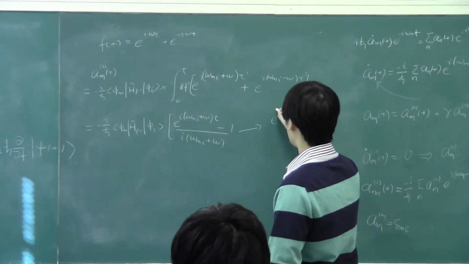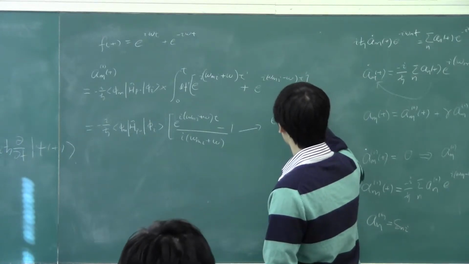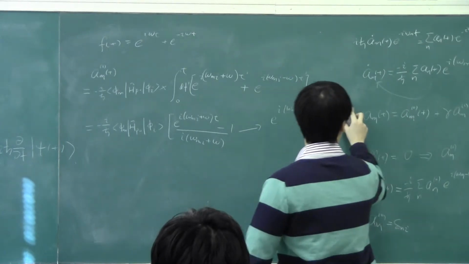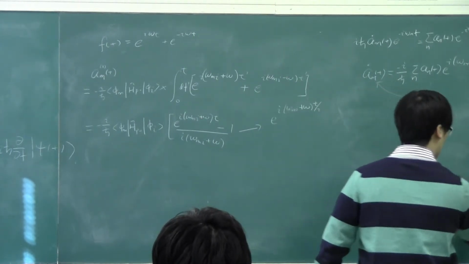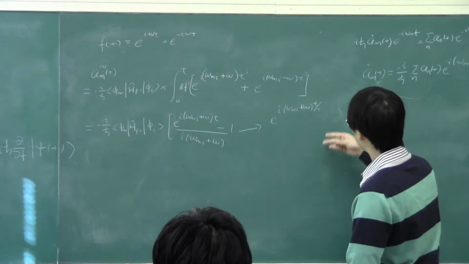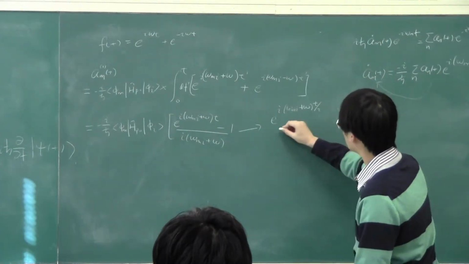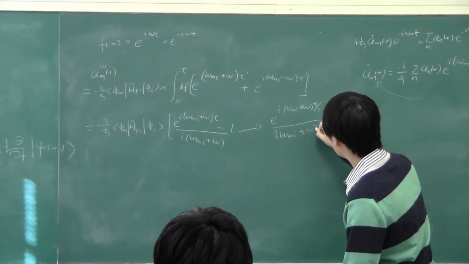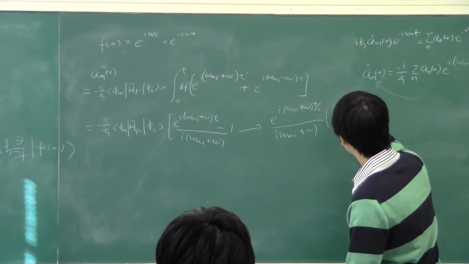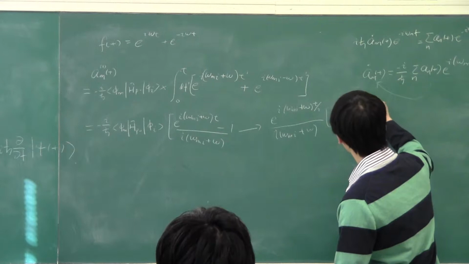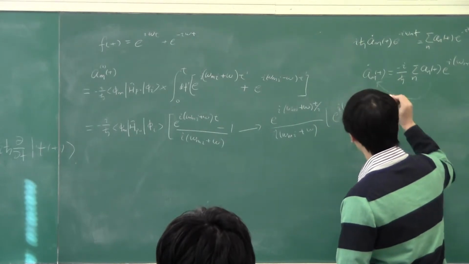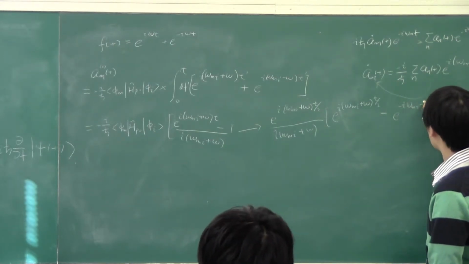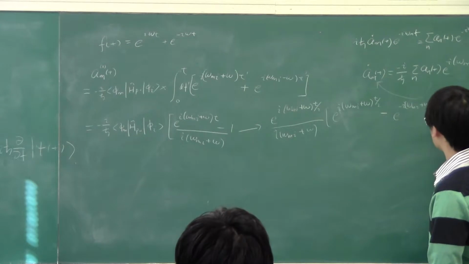This term I can take out a 1/2 of the phase, and from the 1, I'm going to have e to the minus i(omega_mi plus omega)t over 2.